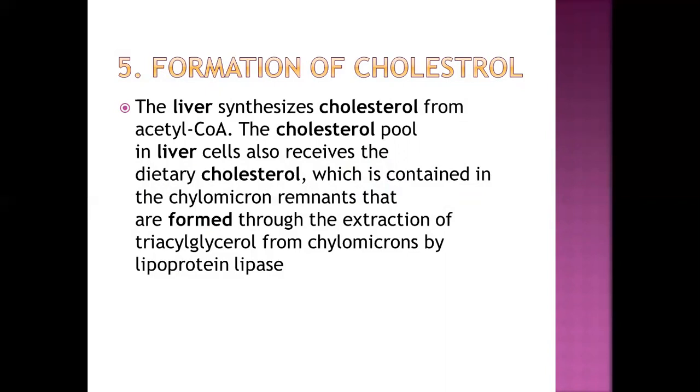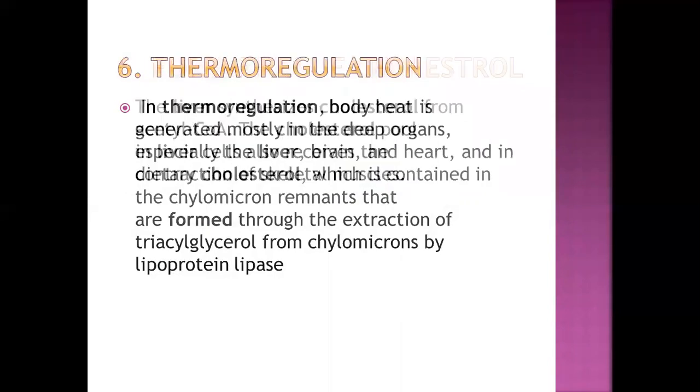This is the whole process of making cholesterol. Cholesterol is of two types: good cholesterol and bad cholesterol. Bad cholesterol should not be formed; it is always excreted from the body, and good cholesterol has to be formed, and the liver helps in the formation of good cholesterol.